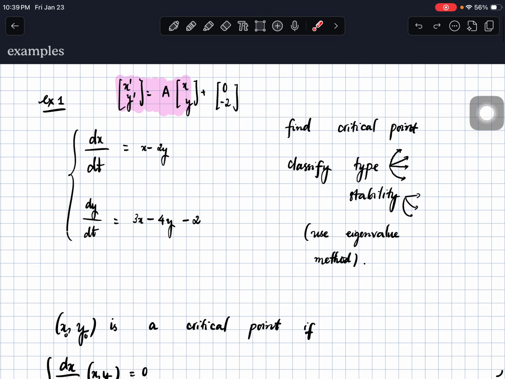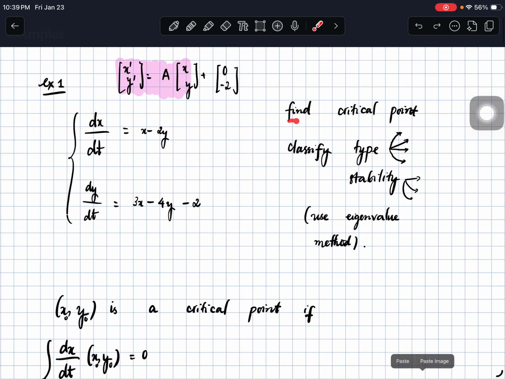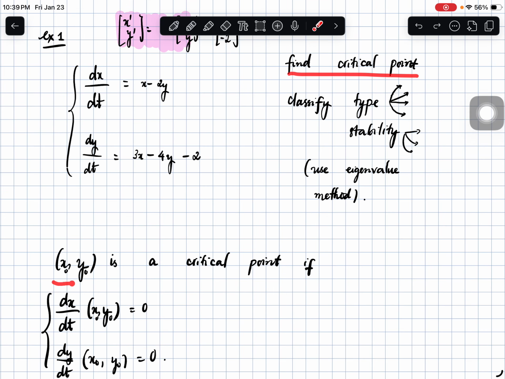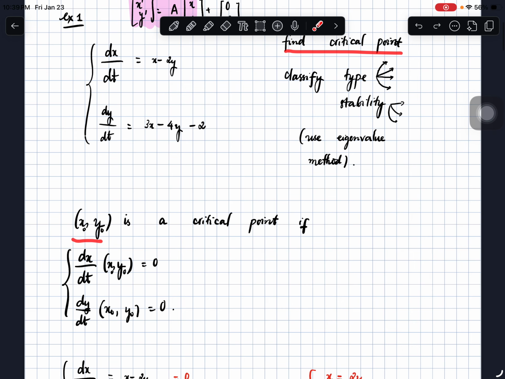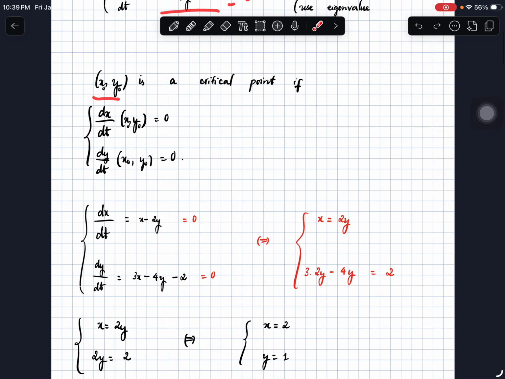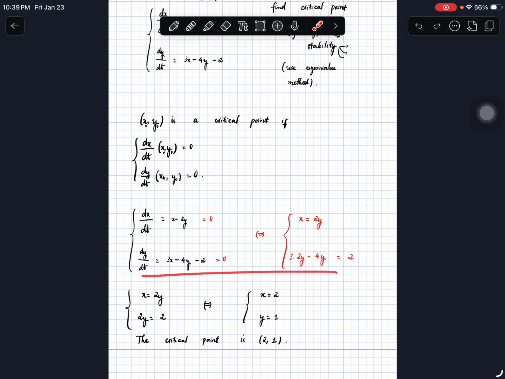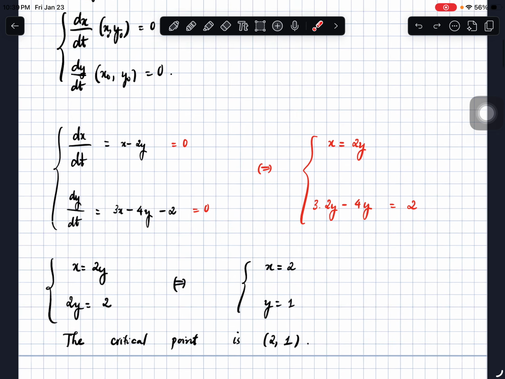Before we work on that, we need to find the critical point x naught, y naught, and to find that you just solve for x, y so that this one equals 0 and this one equals 0. So here I did that: x minus 2y equals 0, x equals 2y, and you plug in x equal to 2y to here.